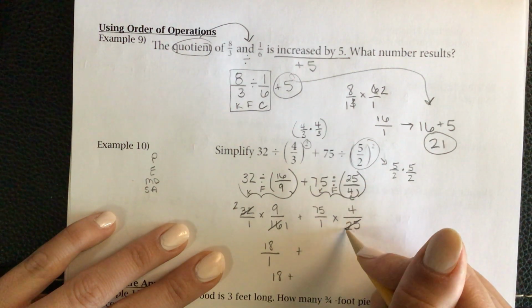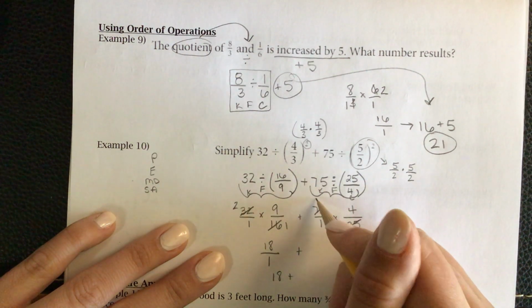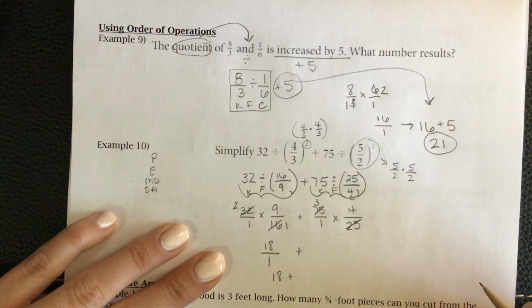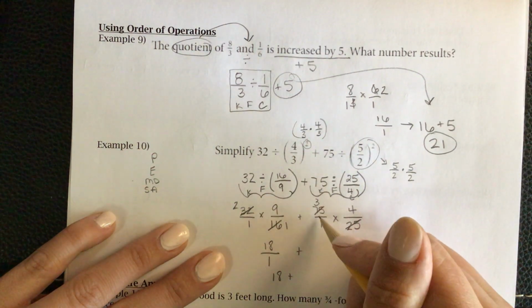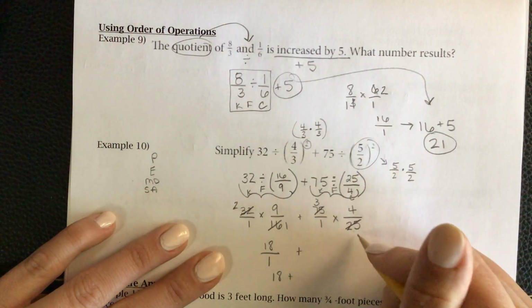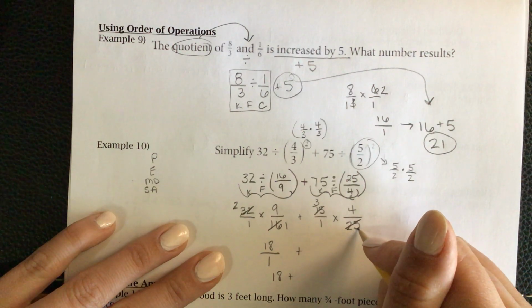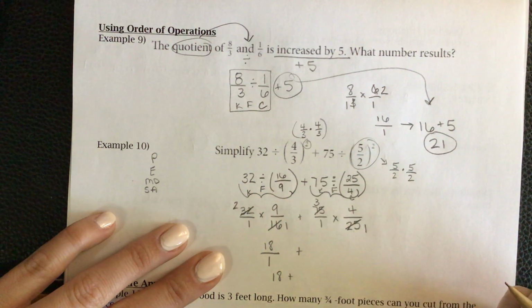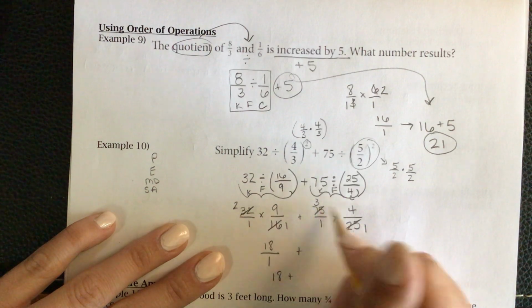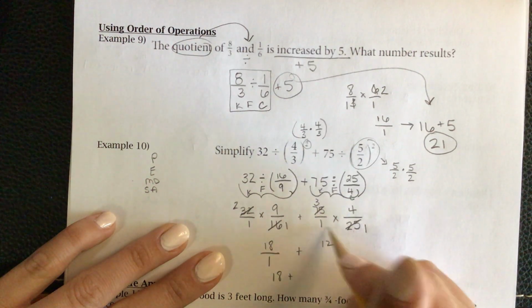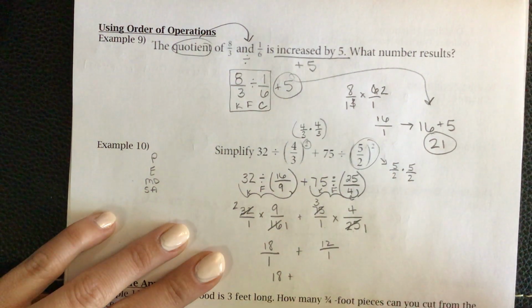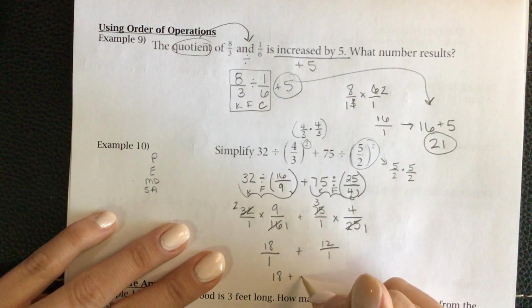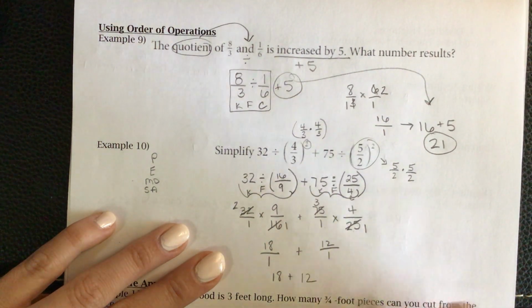A quarter is 25 cents, and so there are 3 quarters in 75 cents because 25 times 3 is 75. 25 divided by 25 is 1. Now we have 3 times 4 is 12, and 1 times 1 is 1. And 12 over 1 is the same as 12. Add them together, and we get 30.